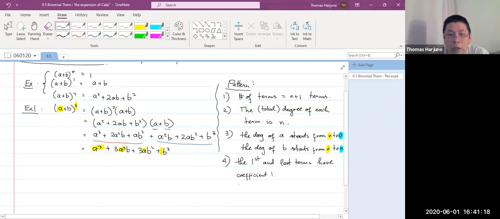In fact, we can say more: the second and second from the last have coefficient n.